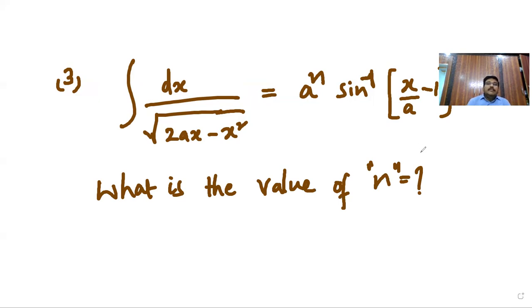Now clearly, a mathematical expression is given. The left hand side is the integration of dx by under root of 2ax minus x square, is equal to the right hand side expression, a to the power of n sine inverse within the bracket x by a minus 1.